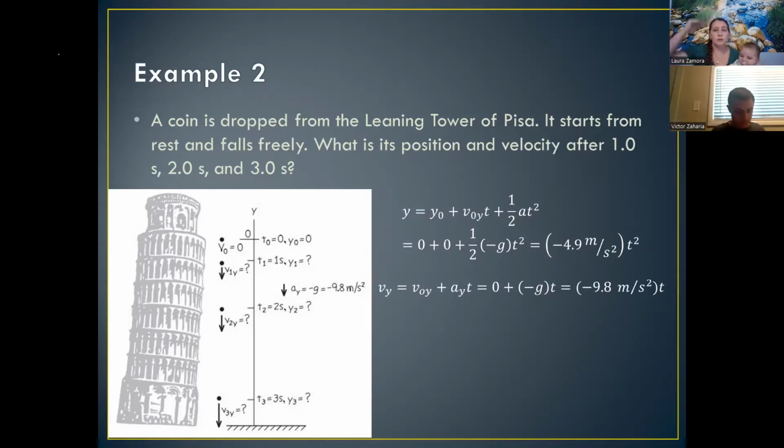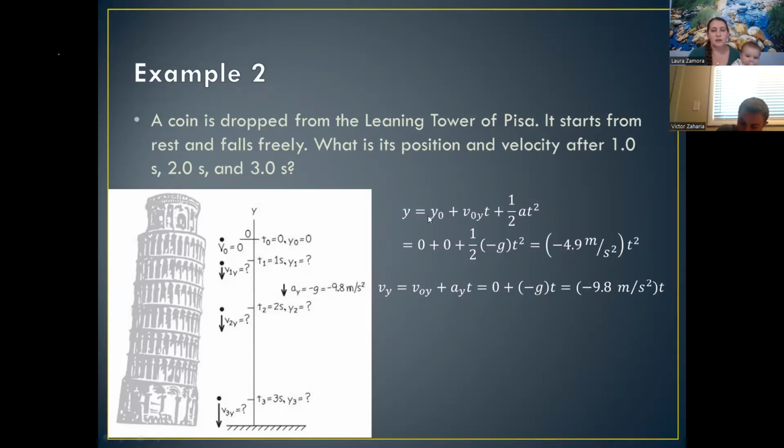However, we don't know the height that you are dropping this coin from. And so if we choose our coordinate system so that 0 is where we're dropping it from, then we don't even have to worry about that, right? We can find its position later as we're asked to do that. So choose a coordinate system that makes it most convenient. 0 doesn't have to be at the ground.